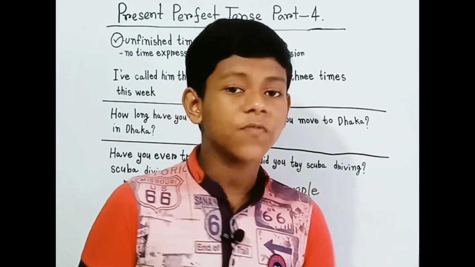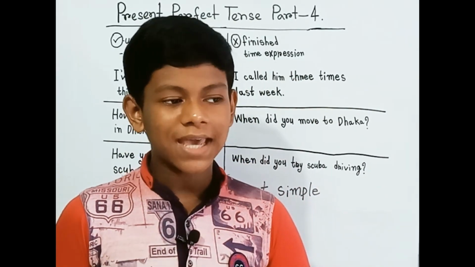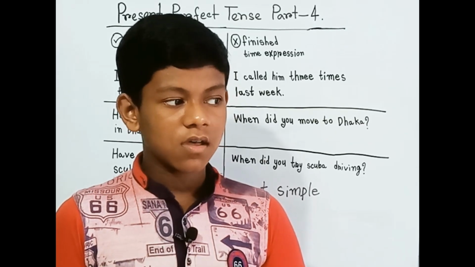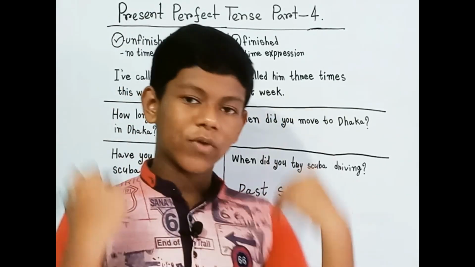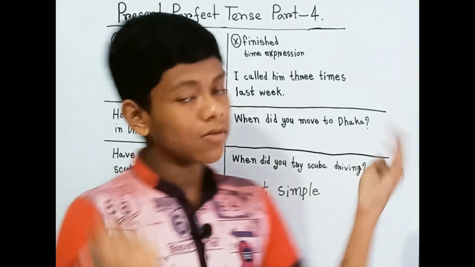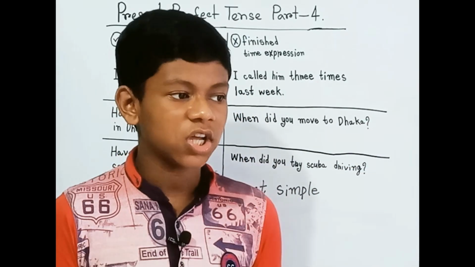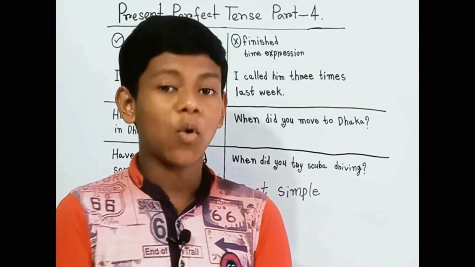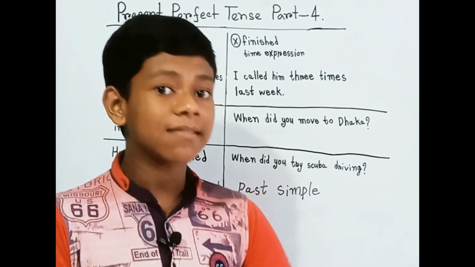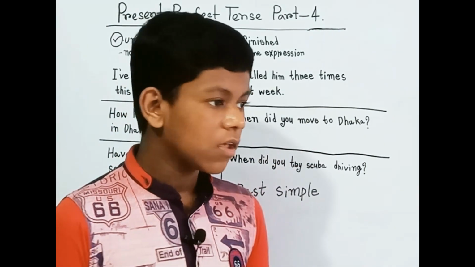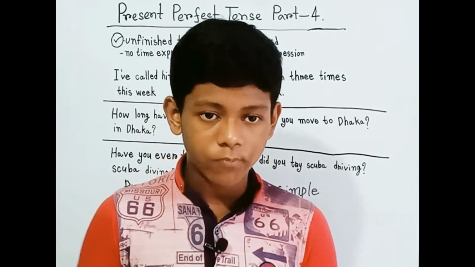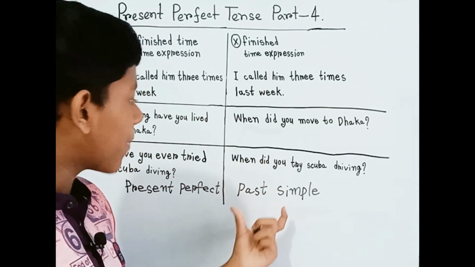What does the finished time expression mean? It indicates that something already happened and it's finished. For example, it can be 1 minute ago, it can be 10 years ago. For these types of examples we generally use the past simple.